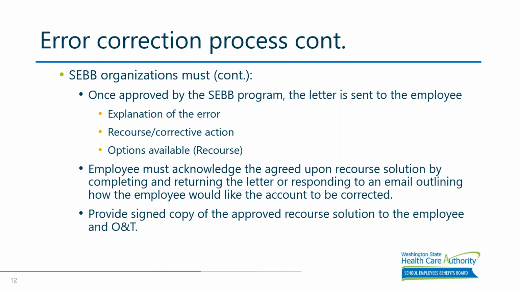And we're going to show you these notices of eligibility in a minute here, what they look like and what they contain. So again, that employee must acknowledge the agreed upon recourse solution. And then provide that signed copy of the approved recourse solution to the employee and a copy to outreach and training.